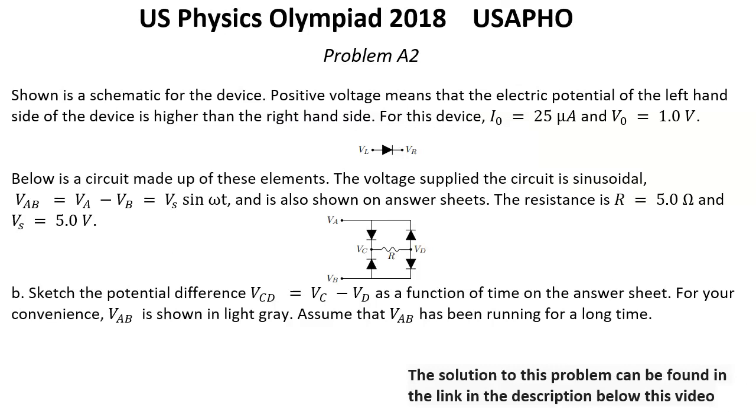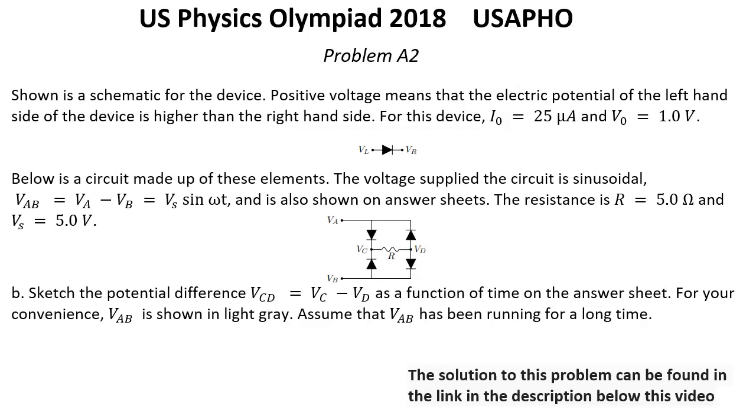Shown is a schematic for the device. Positive voltage means that the electric potential of the left-hand side of the device is higher than the right-hand side. For this device, I0 equals 25 microampere and V0 equals 1 volt. Below is a circuit made up of these elements.